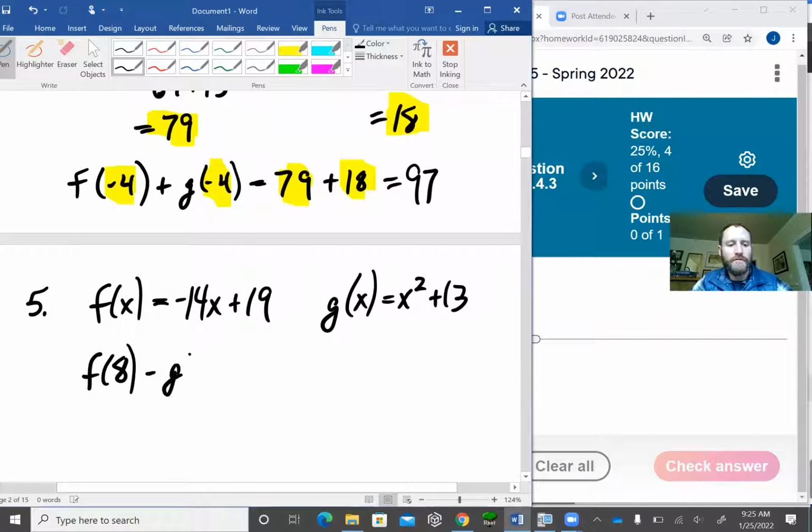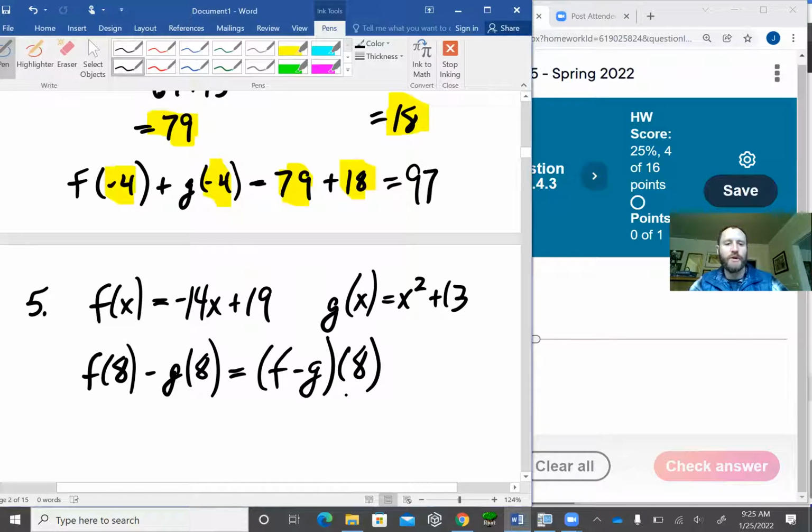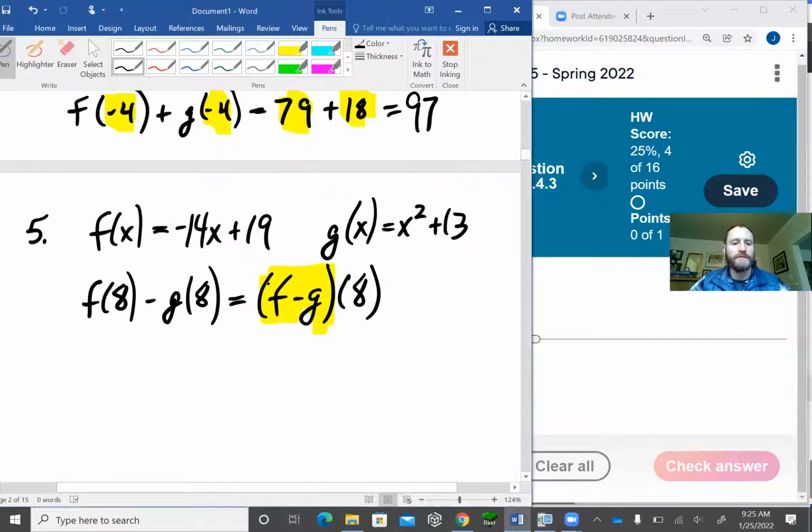And remember, the notation is weird, I know, right? But I'm going to write that because what I'm about to find first is this. I'm going to find f minus g of x, and then I'm going to plug in 8 to that formula to get the answer to this problem. So first, let's find f minus g of x.